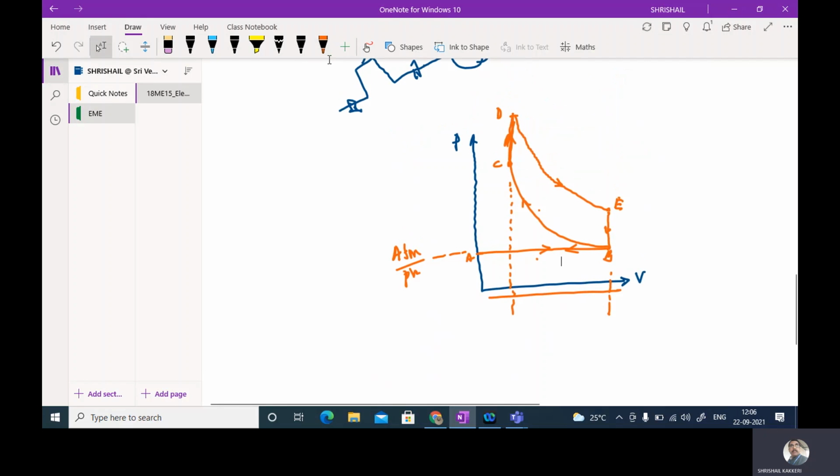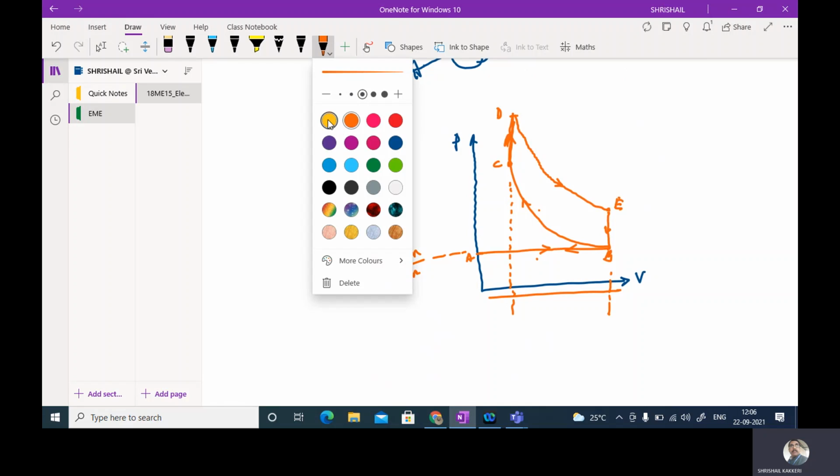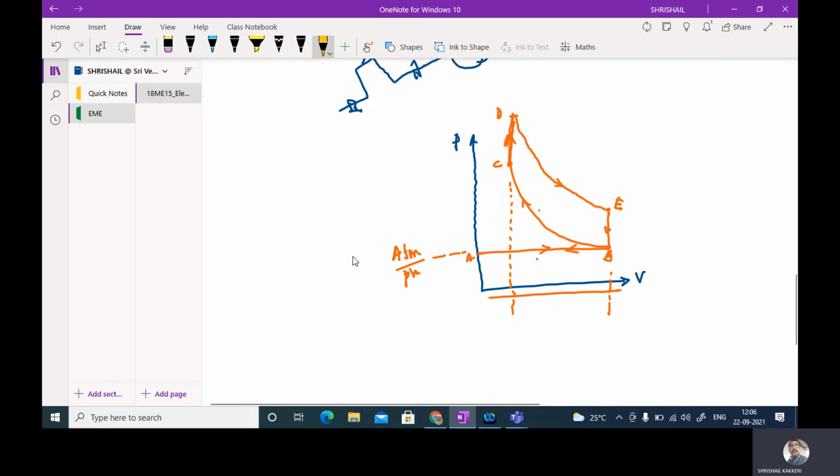And in fact, the actual PV diagram is slightly different from this one, and I will be showing you that; here it may not be required. So this is the suction stroke, and this is the compression stroke, and the spark plug will develop the spark, the combustion starts, and this is the expansion stroke, and again this is the exhaust stroke.